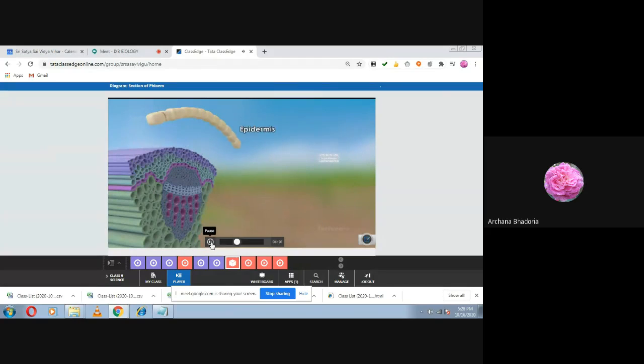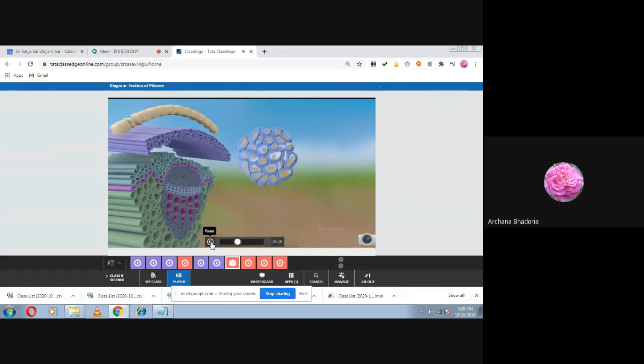Adjacent to the epidermis is the collenchyma, a layer of small, thick-walled cells. The cells are spherical, oval, or polygonal in shape. The cell wall is thickened at the corners, and intercellular spaces are absent.